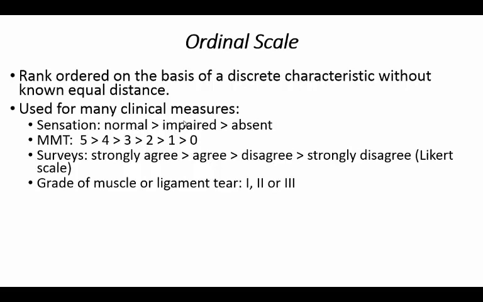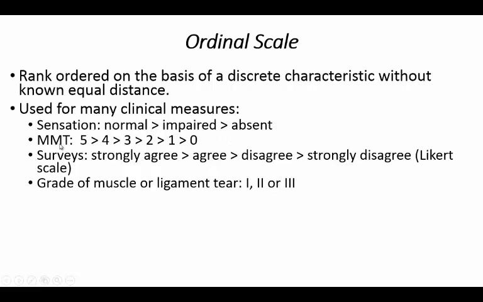Or I can have totally absent sensation. No matter what I do, the patient is not feeling anything. So I have 3 levels of sensation. 1 is better than 2, 2 is better than 3. So I have an order in this scale.